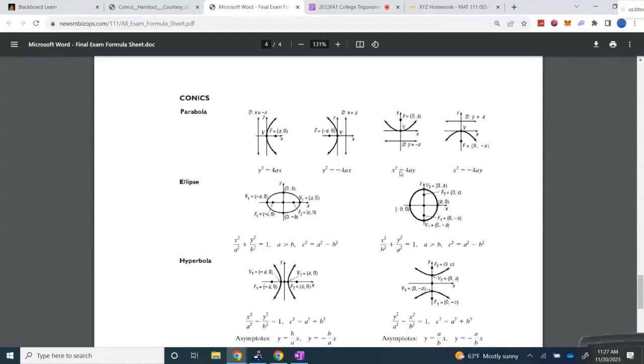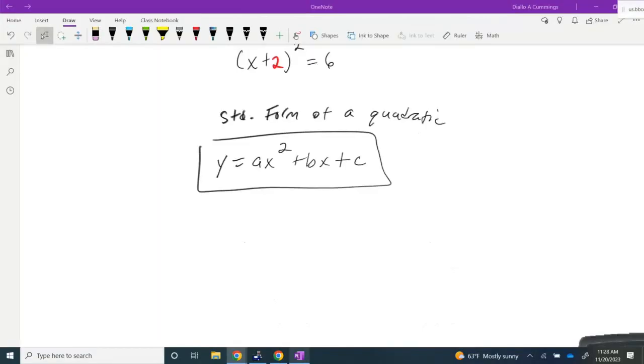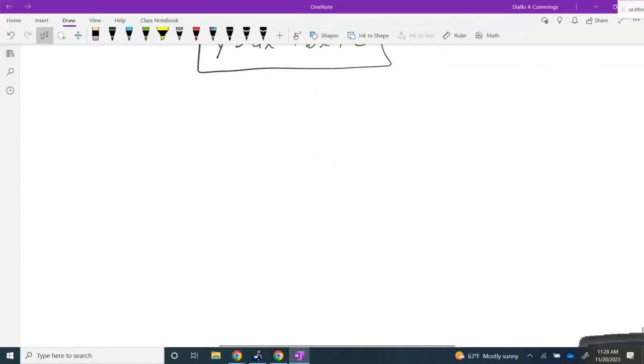So I'm going to start with this one first. x squared is equal to 4ay. So these are for the parabolas. Notice how this will be the standard form of a parabola.